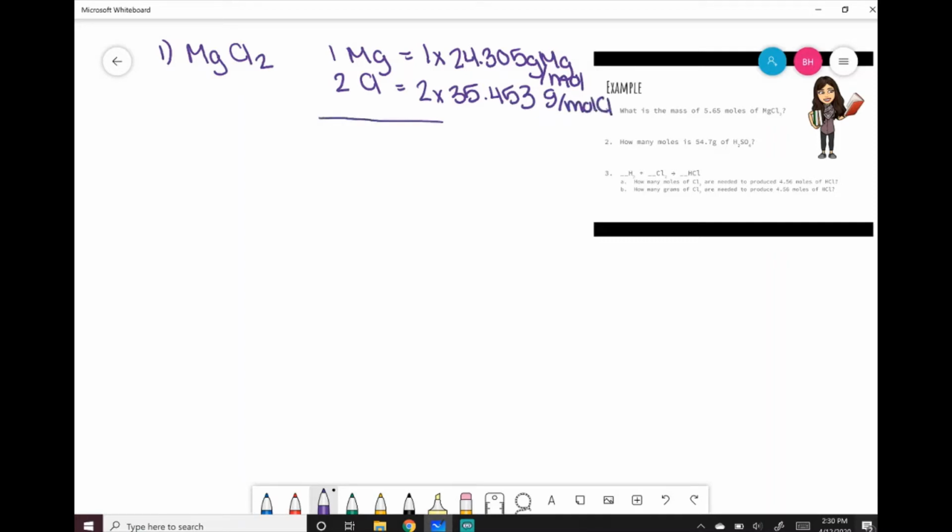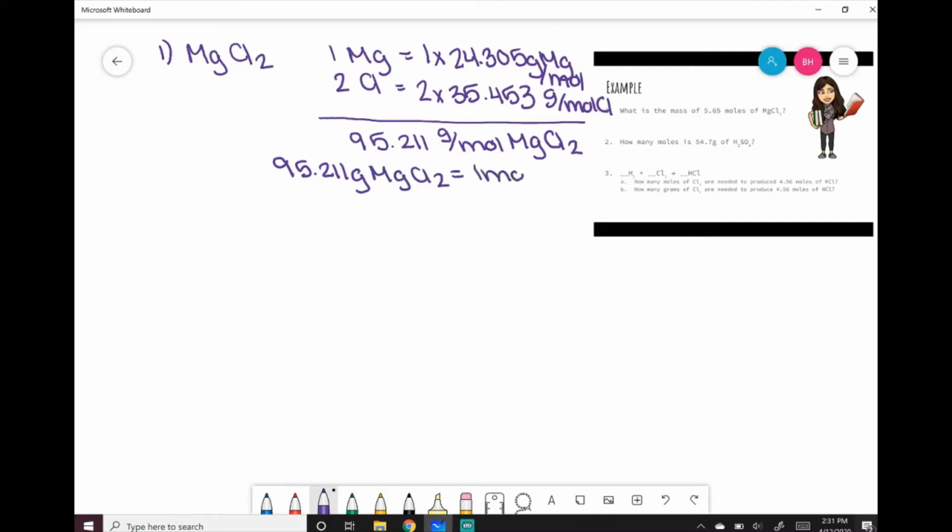Now we add those together, and we get our molar mass to be 95.211 grams per mole of magnesium chloride. Last week I talked about this idea that we can rewrite this and say 95.211 grams of magnesium chloride is equal to 1 mole of magnesium chloride. That's going to be helpful when we set up our problem.